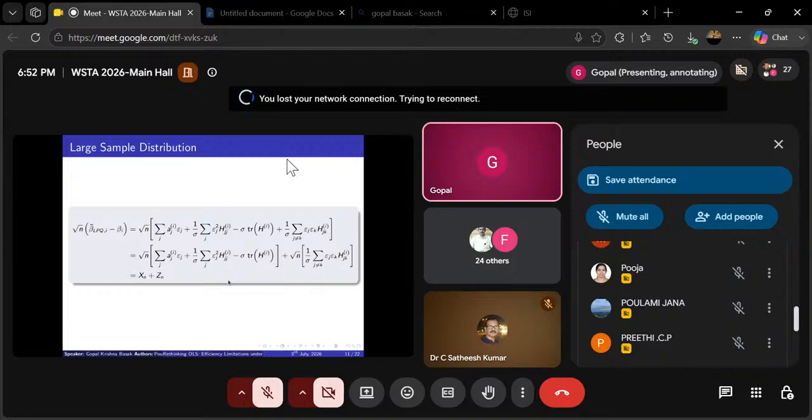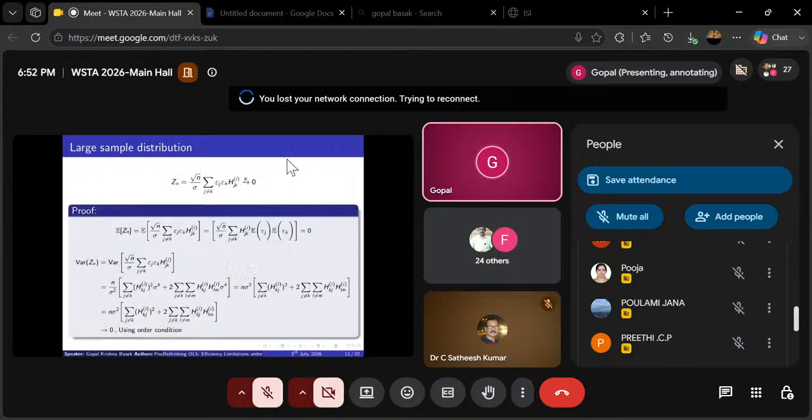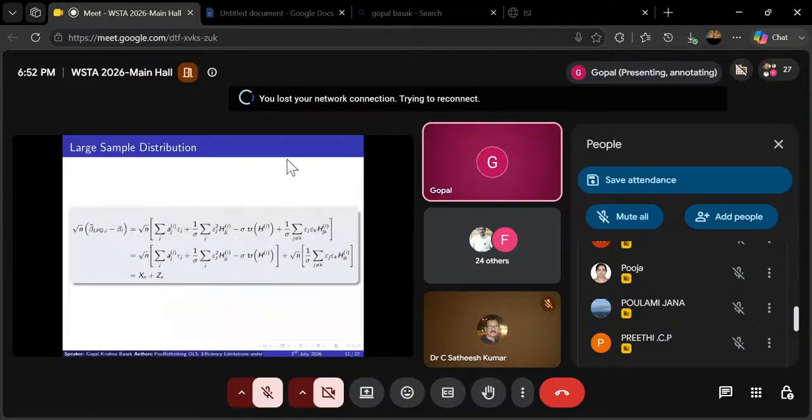Now, mainly we use the central limit theorem on these things. That means we consider these two terms together, because this is the unbiased part, the linear part and quadratic part. This is totally unbiased, and we show that this has a central limit theorem.